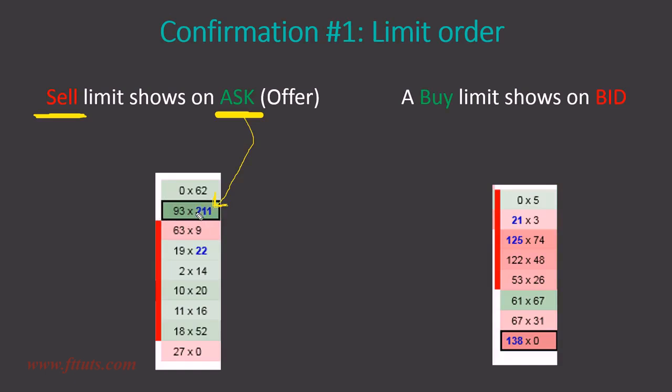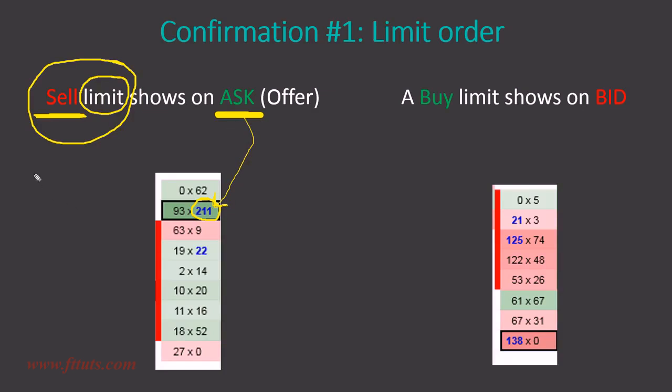But when somebody uses a limit selling order, it gets printed on the ask. So when you see a big number jump in around a support and resistance zone on the ask, like in here, then it's most likely a selling limit order. It's not a big buyer who would want to jump in and push the price even higher with market orders.